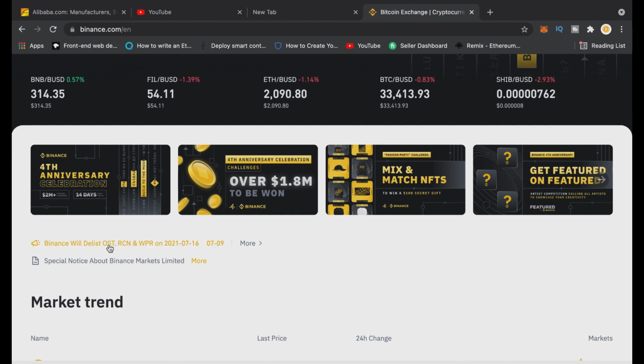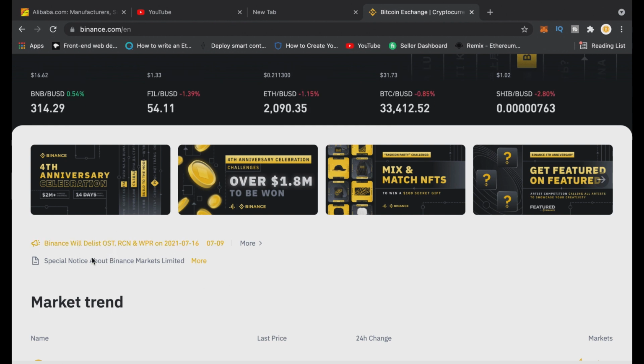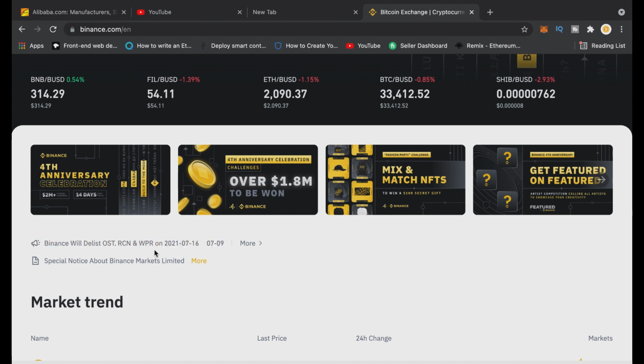Binance will delist OST, RCN. Understand? Some projects after listing them, the security team sometimes tend to discover that those projects are not really clear, or they have a security glitch or challenge, or the developers are disappointed and stuff like that.